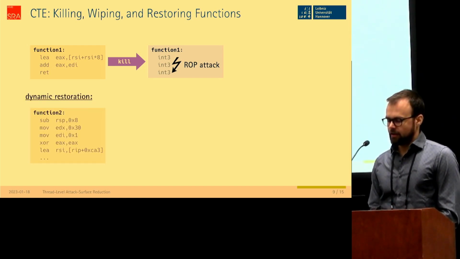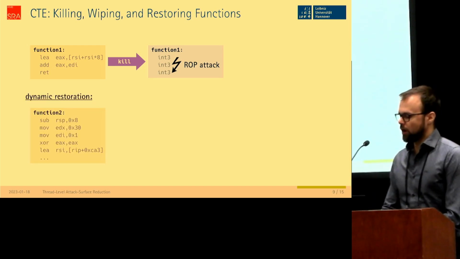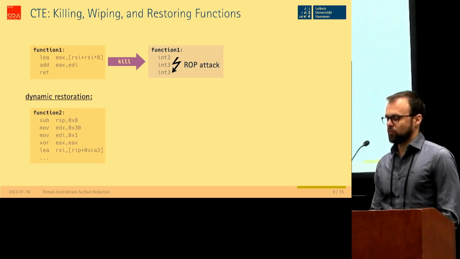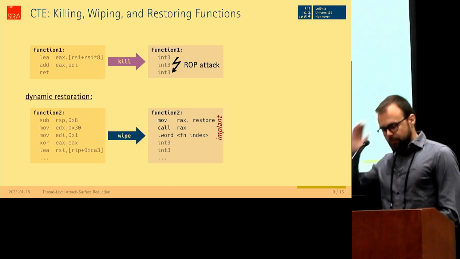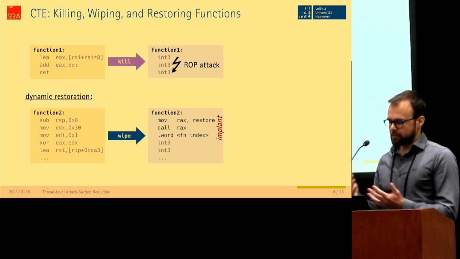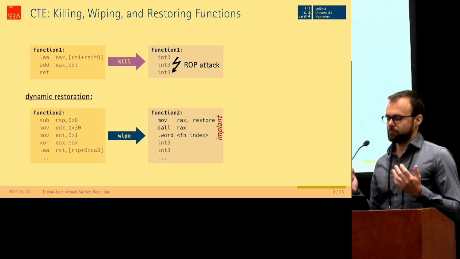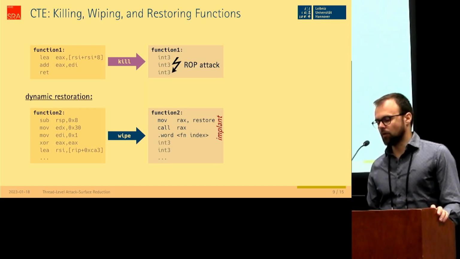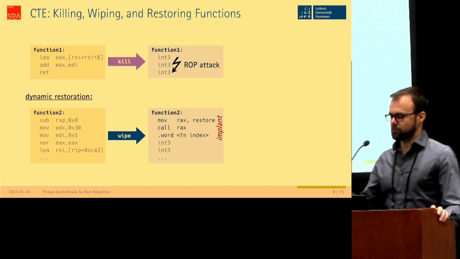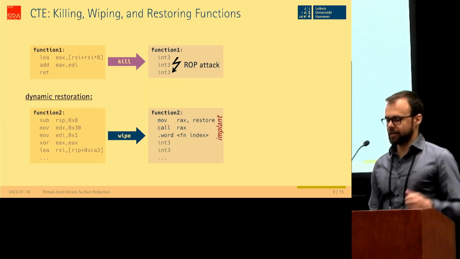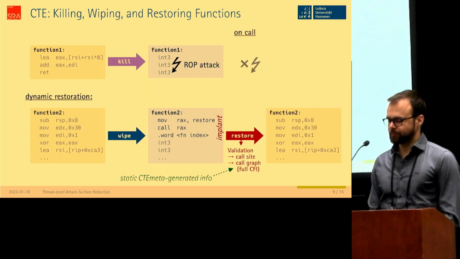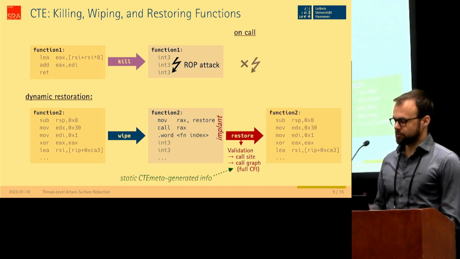The second mode is called wiping, and wiping allows dynamic restoration of the function. Not the entire function is replaced with debug traps, but at the beginning we install a small implant that calls the restore handler when we call the function from its correct entry point from the start. The handler first does some validations.